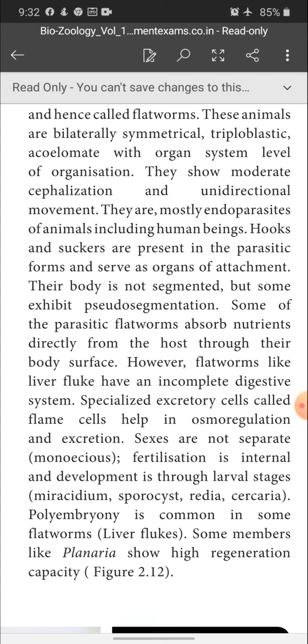What is meant by high regeneration? That is development of lost part is called what? Regeneration. Example, planaria. In planaria, if you cut the animal into 2-3 pieces, each piece can develop into a complete organism, and this is called what? Regeneration. That's all about Phylum Platyhelminthes, children.